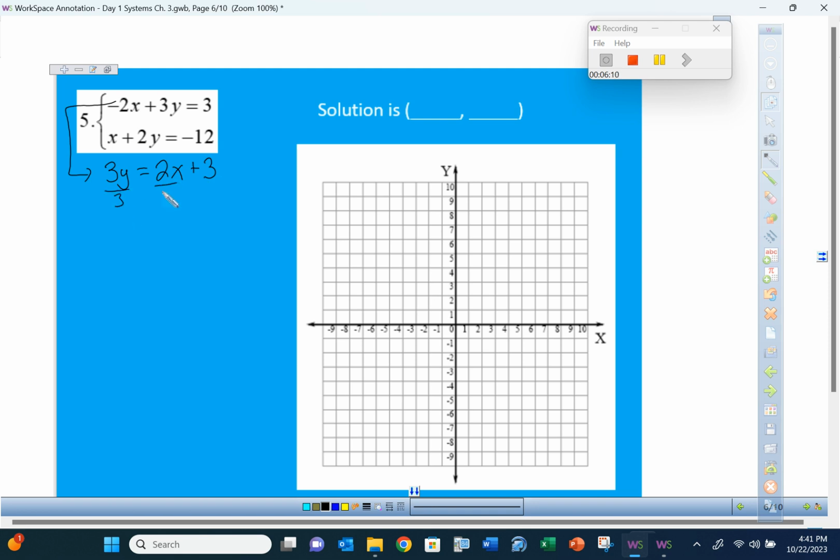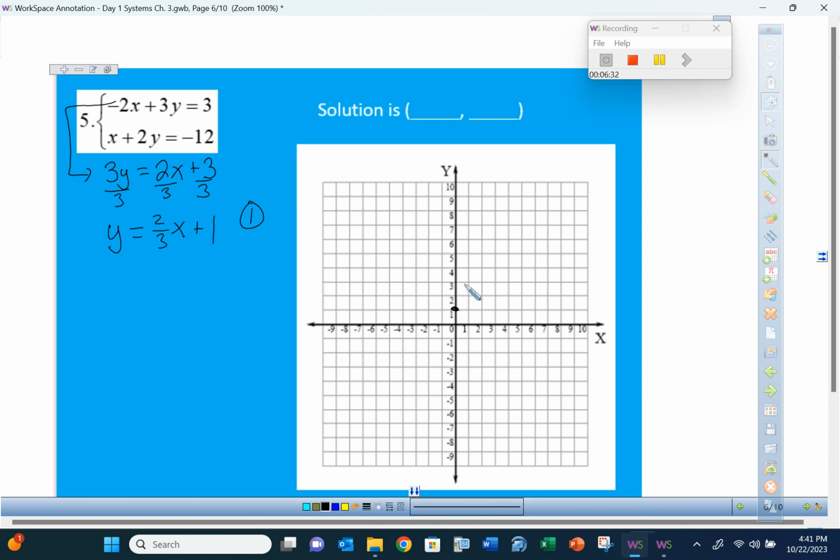I'll divide everything by 3. So I've got y equal 2/3 x plus 3 over 3 is 1. So there's the first equation that we're going to graph. So I moved the x and changed the sign, or I added 2x. But let's start here at 1.